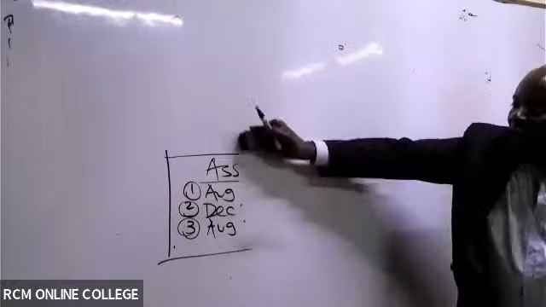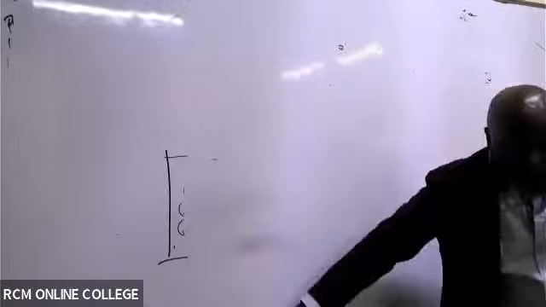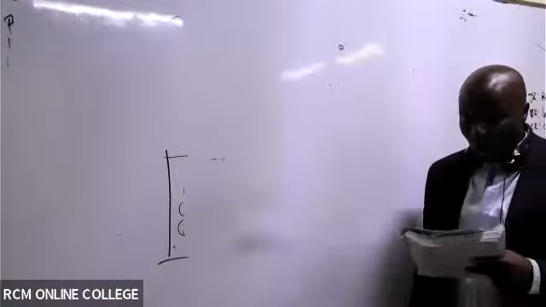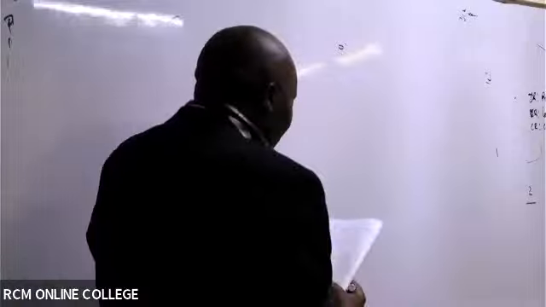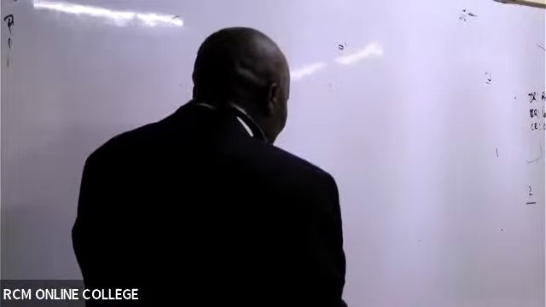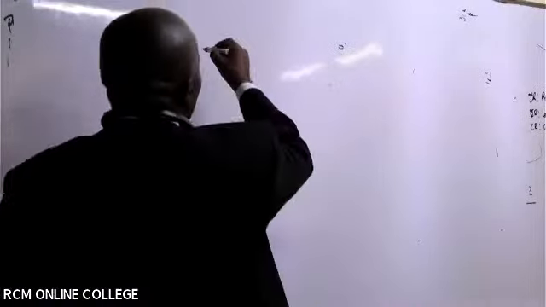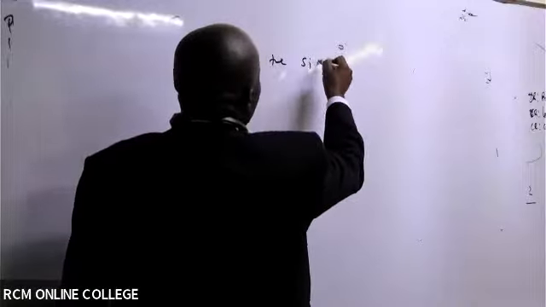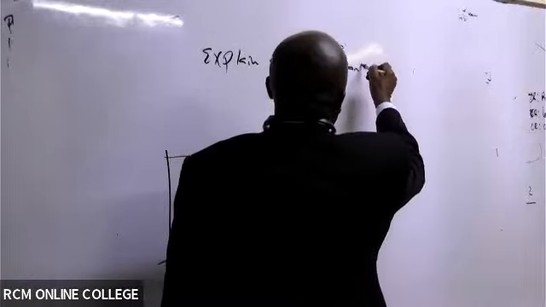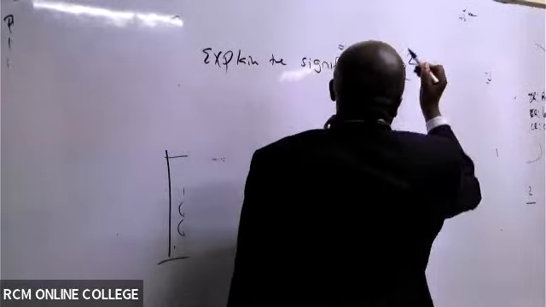In number 4, what do they want us to give them? They want us to explain the significance of R squared.